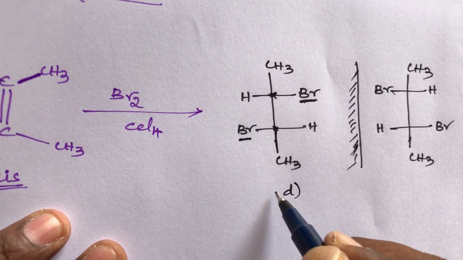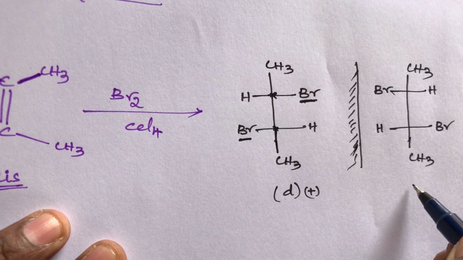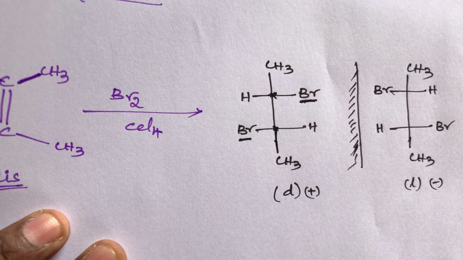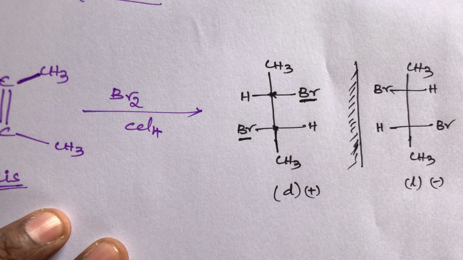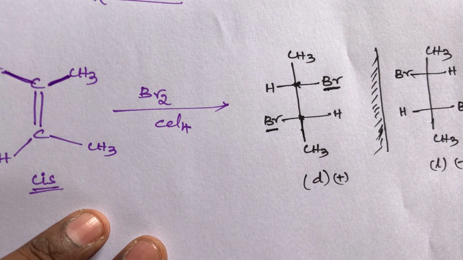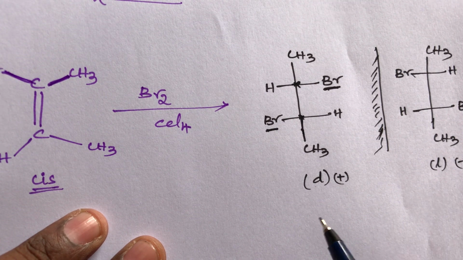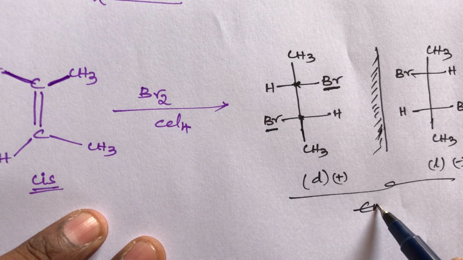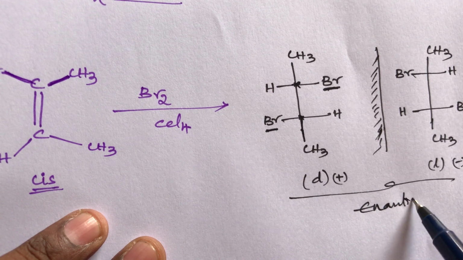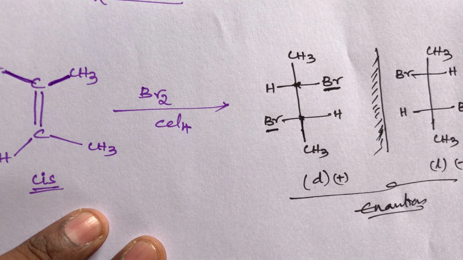This is dextro or positive and this is levo or negative. So these both are mirror images to each other. So in anti-addition reaction, simply remember students, cis-2-butene will undergo anti-addition reaction. It forms a racemic mixture. These both are enantiomers. Why? Because these both are mirror images to each other.